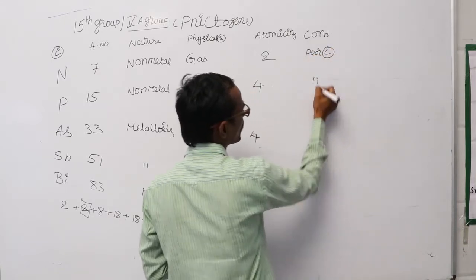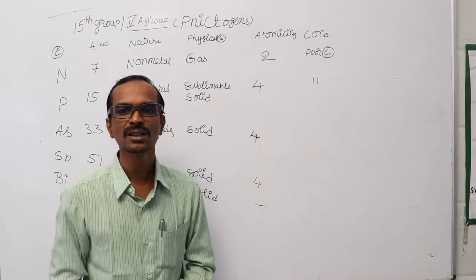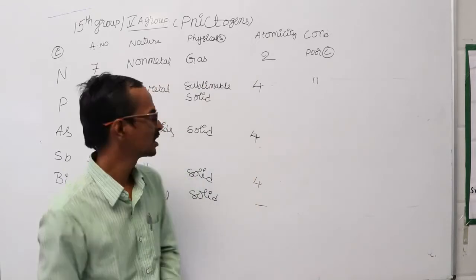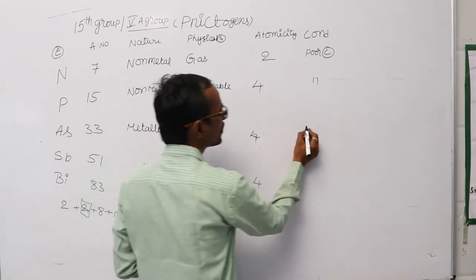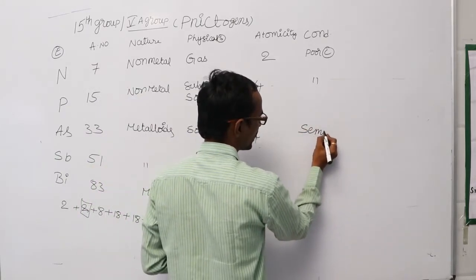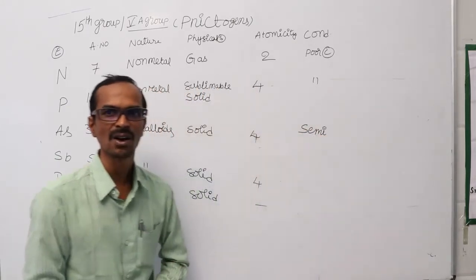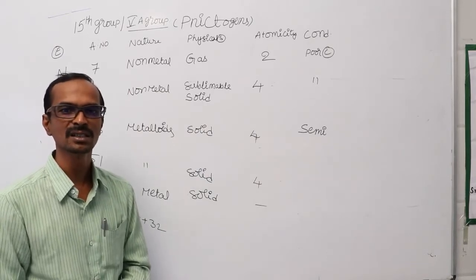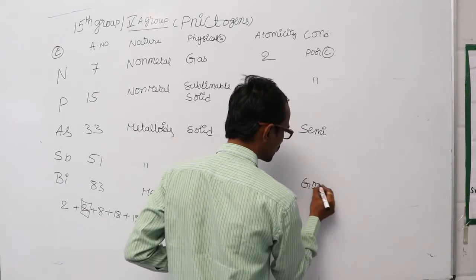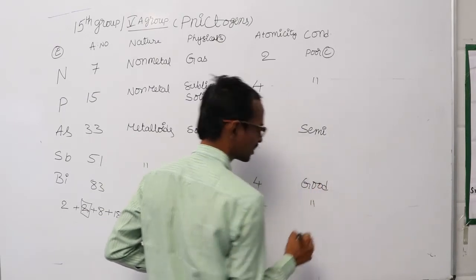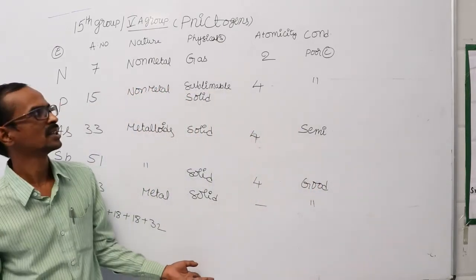The next one, arsenic, will be a semiconductor. And antimony and bismuth are good conductors of heat and electricity.